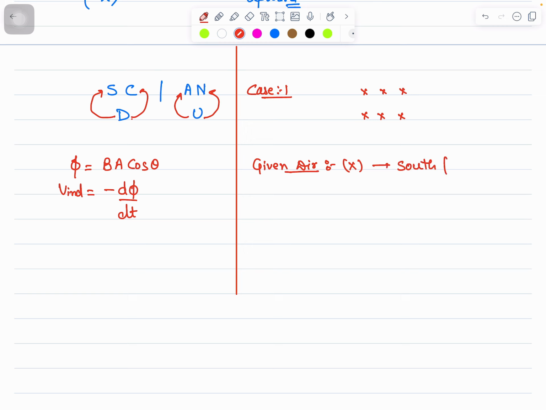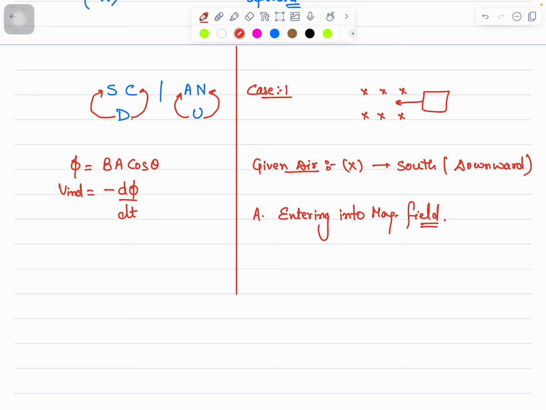And I can write downward. Clear? Let's say there is a body which starts to enter into it. Case A: entering into the magnetic field. Now what is happening?